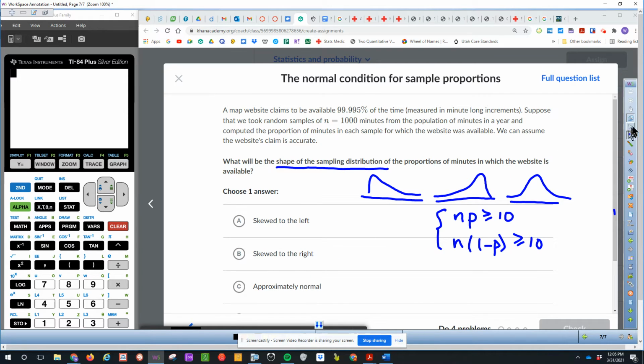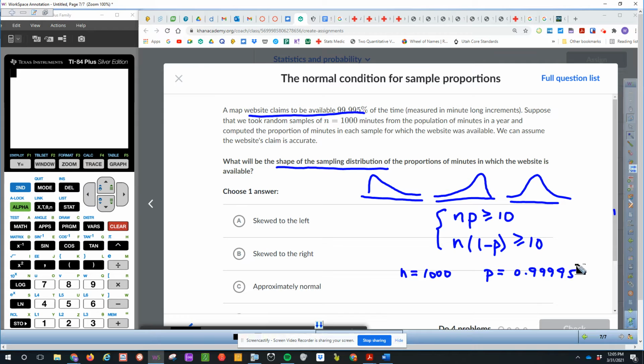So what is my n here? n here is 1,000. And what is my p? My p here is the claim. The website claims to be available 99.995% of the time. If you change that to a decimal, it will be 0.99995.